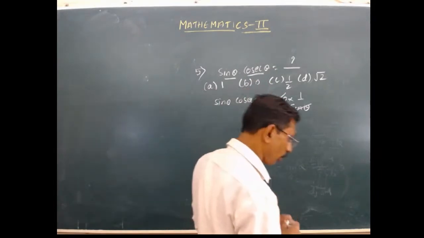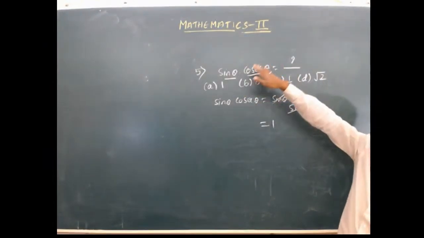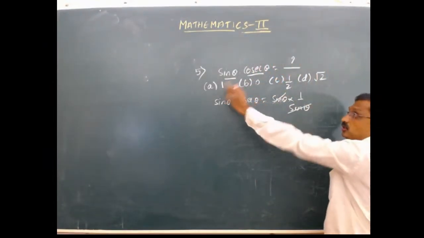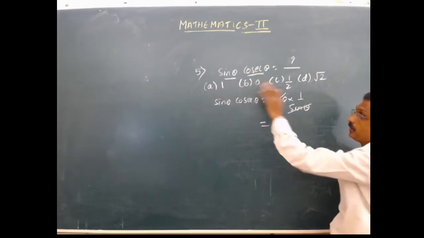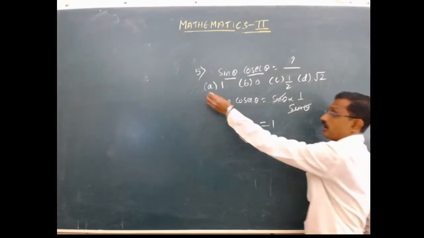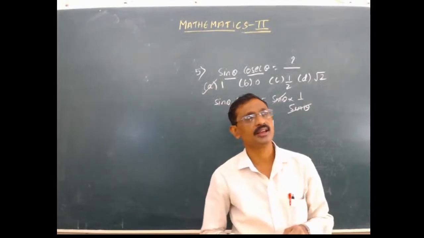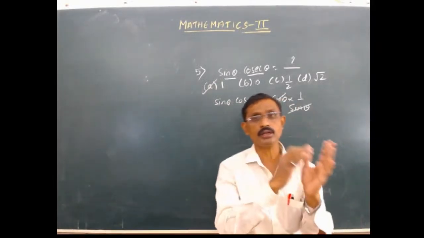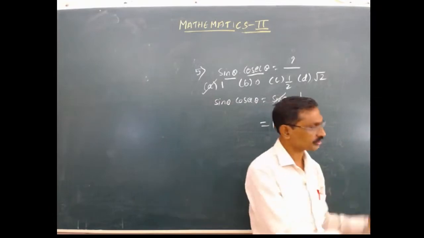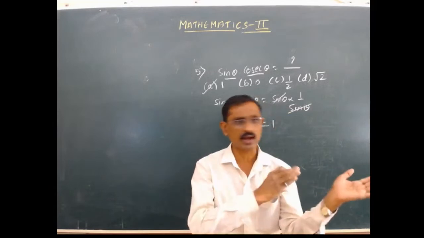So let's check whether our answer matches with the options. Option A is 1, B is 0, C is 1 upon 2 and D is root 2. Out of these, the right option is the first one, A. In trigonometric ratios there are a lot of problems, but only the identities among sin theta, sec theta, cosec theta, cot theta, tan theta are being shifted.